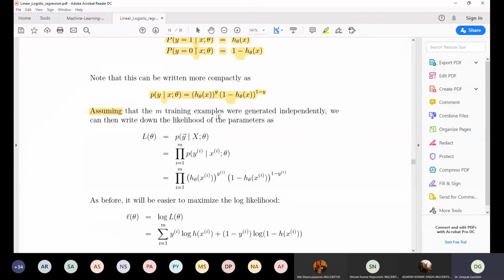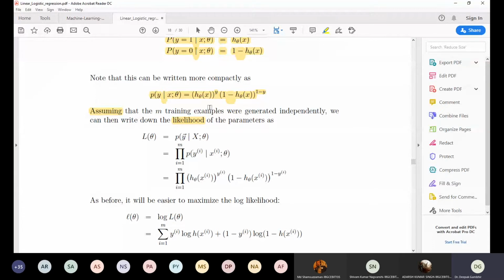Now why do we need to compute the likelihood? Because we want to compute the error. In this case, what would be the error, so that we will minimize it in a way that we can get the difference between the output and the input as small as possible.